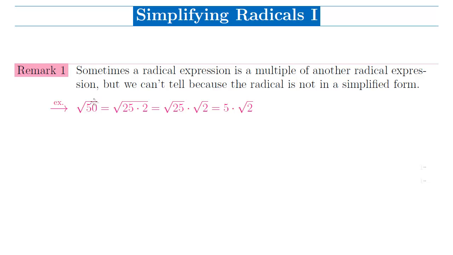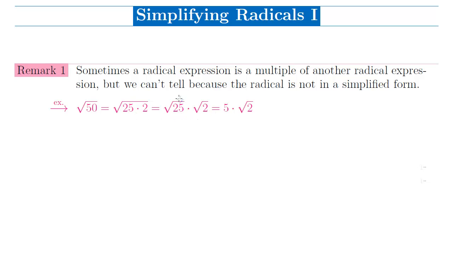It turns out that the square root of 50, if you think about it long enough, you can see should actually be the square root of 25 times 2. And then, by a sort of product rule for radicals, you can break that up into root 25 times root 2. We'll talk about this rule in a second.